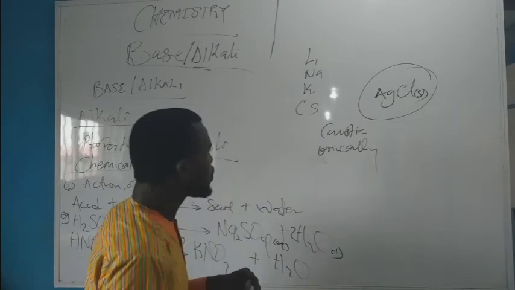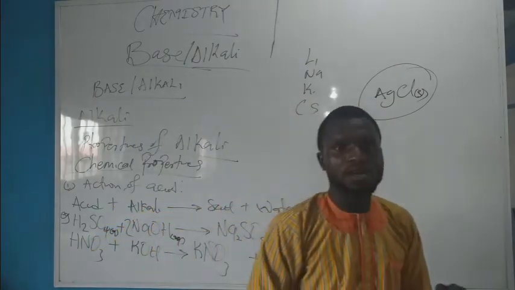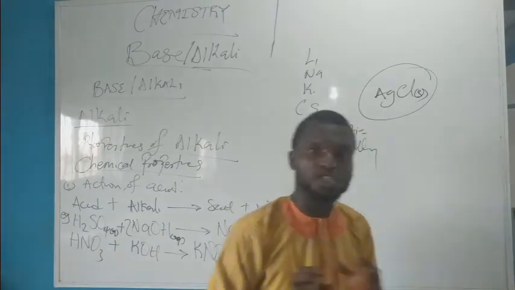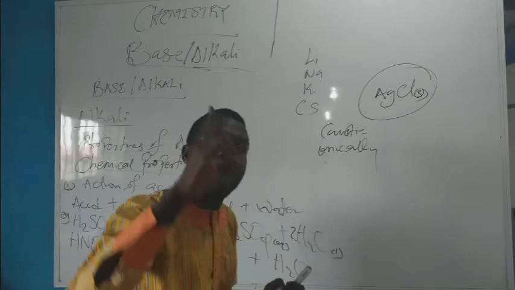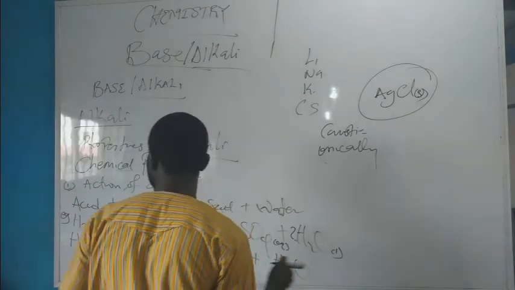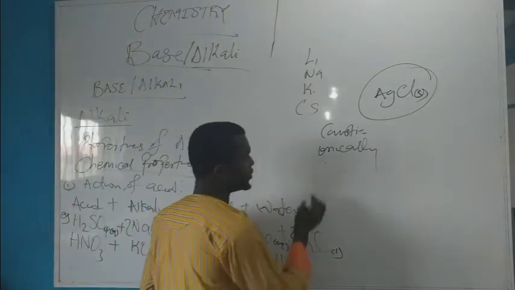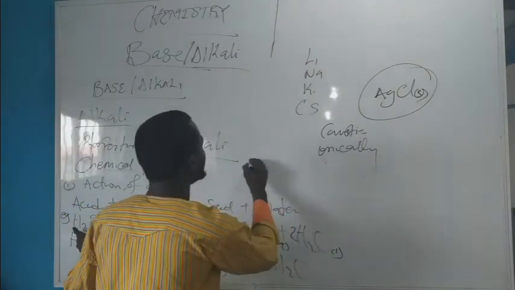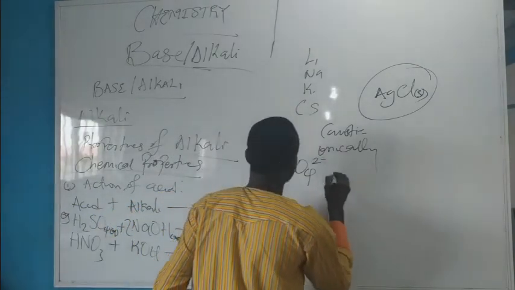So one of the rules in writing an ionic equation is that soluble substances, or substances in aqueous solution, dissociate into their respective ions. However, insoluble substances remain in situ. So H2SO4 is aqueous, as you can see from the state symbol. It will dissociate to give you 2 hydrogen ions and the tetraoxosulfate(VI) ion.